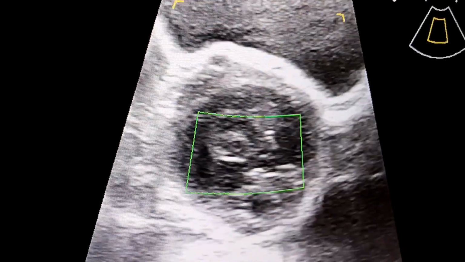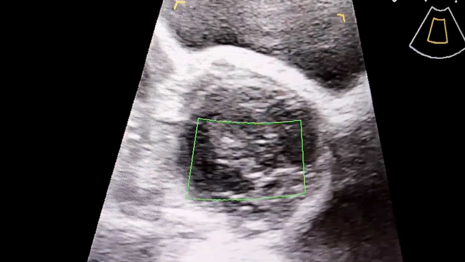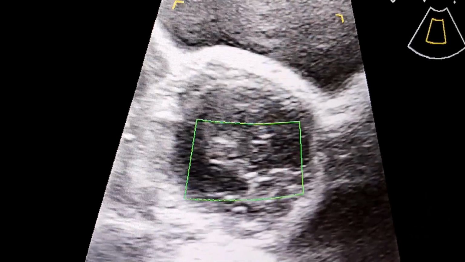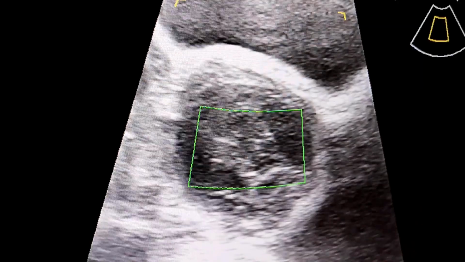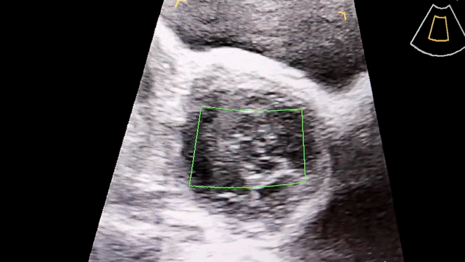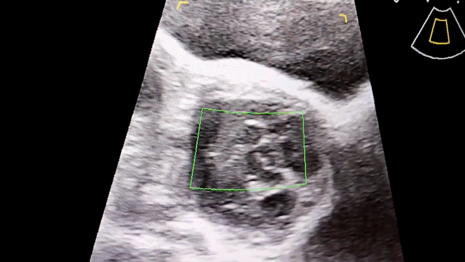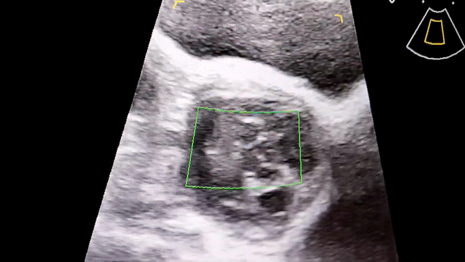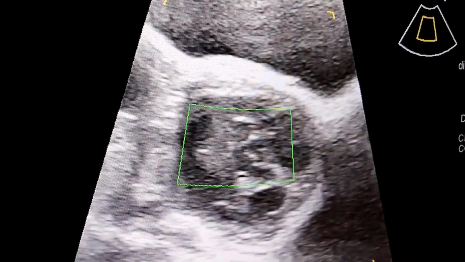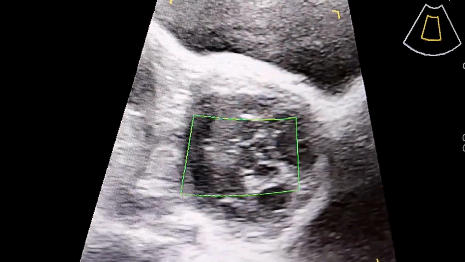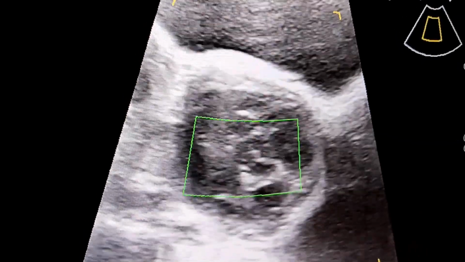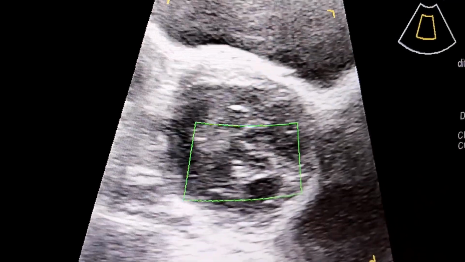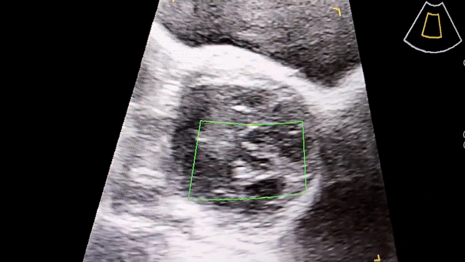Whenever we put the color to see the vascularity, there may be low blood flow within the solid component of any lesion. So then we should lower the PRF and also increase the color gain, not too much that it will give artifacts. So I have lowered the PRF up to 5.3 and the color gain is up to 40.